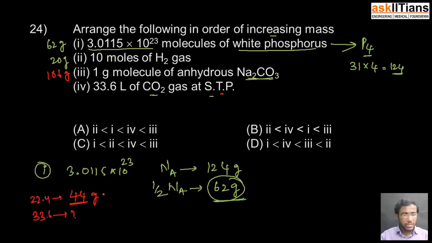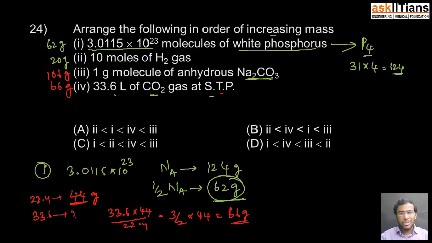So that will give the mass. It will be simply 33.6 into 44 by 22.4. This ratio will be 3 by 2, 1.5. So 3 by 2 into 44 will give you how much? 66 grams.